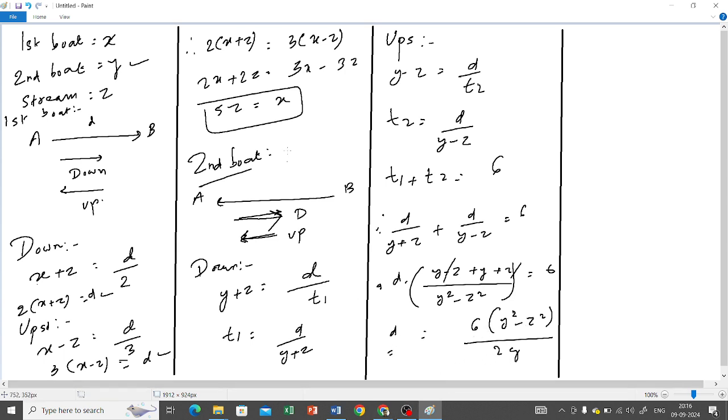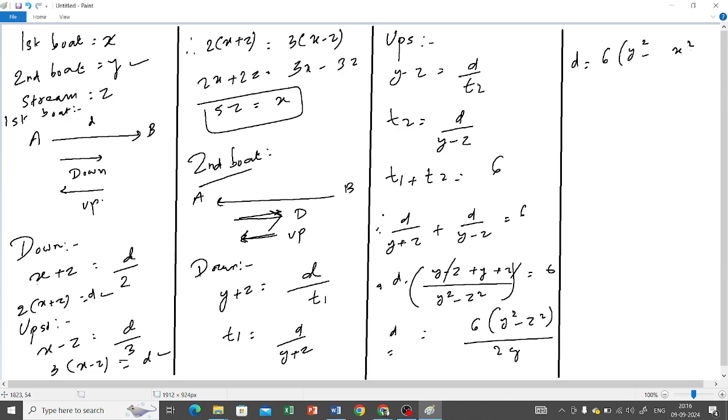Now what is d? I don't know what is d. We don't have anything, but we have x equals to 5z, or z is equal to x by 5. So I can write down y square minus, what is z?